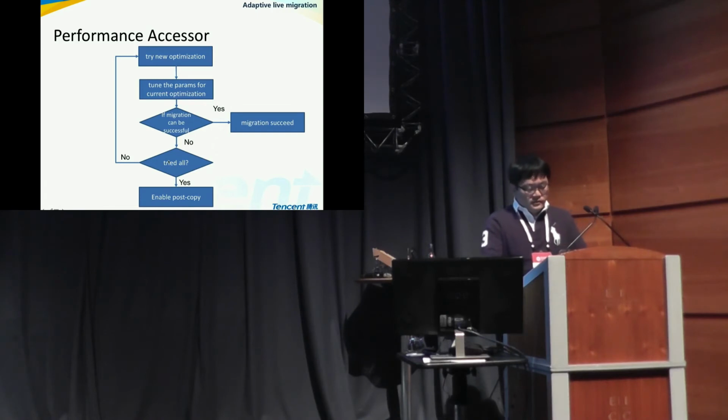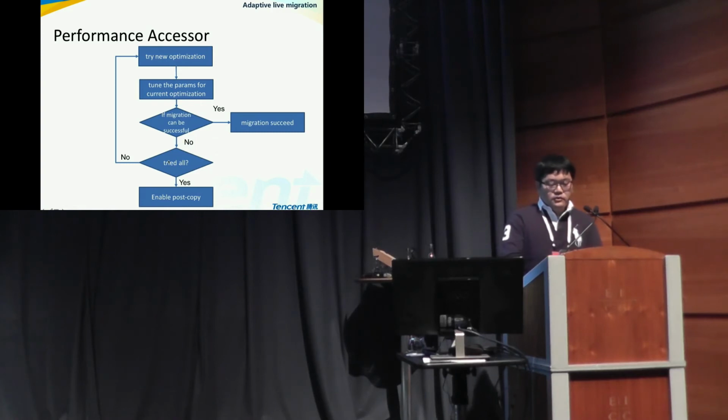And if we have used all the methods, we will have to enable the Postcopy. Probably we could use the optimization methods in an order like this: at first we will try auto-converge, then memory compression, and then XBZRLE.